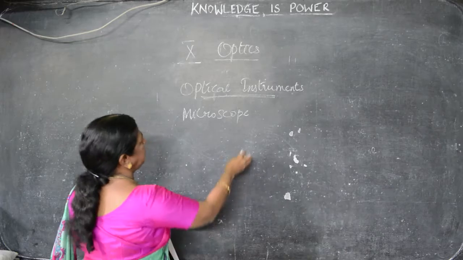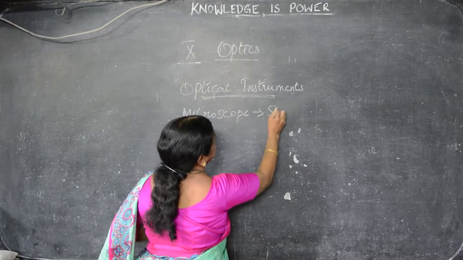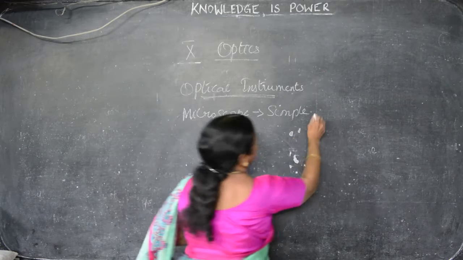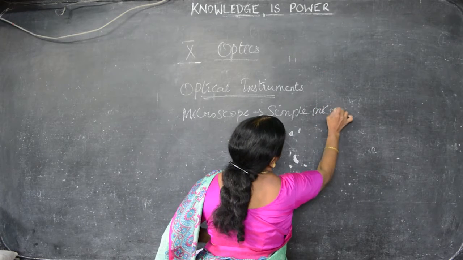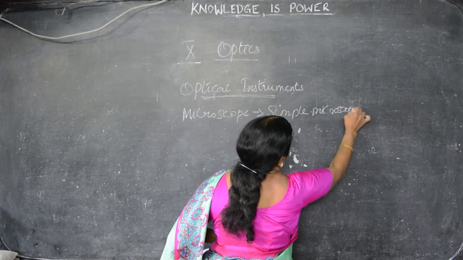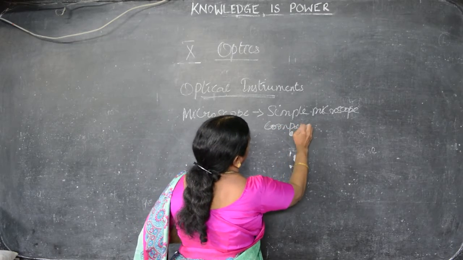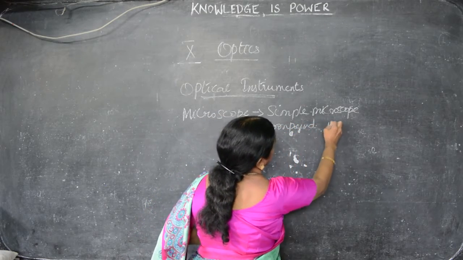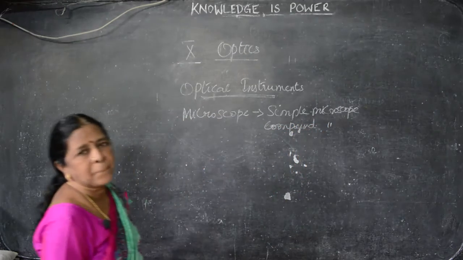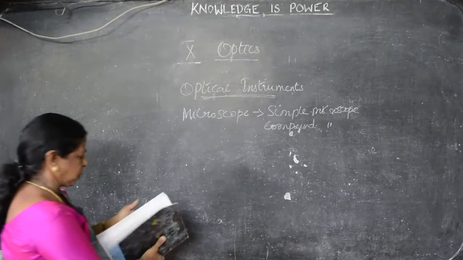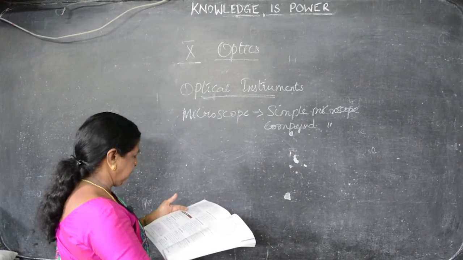Under the microscope, there are two microscopes. One is simple microscope, other one is compound microscope. Simple microscope and compound microscope.